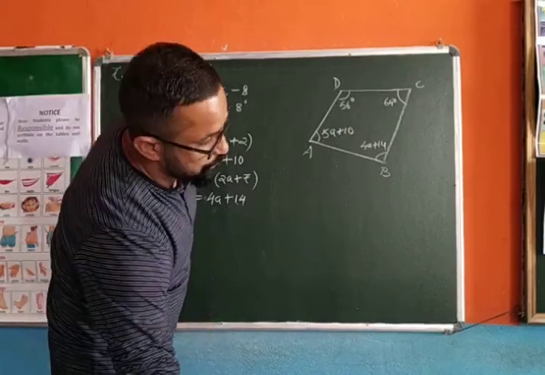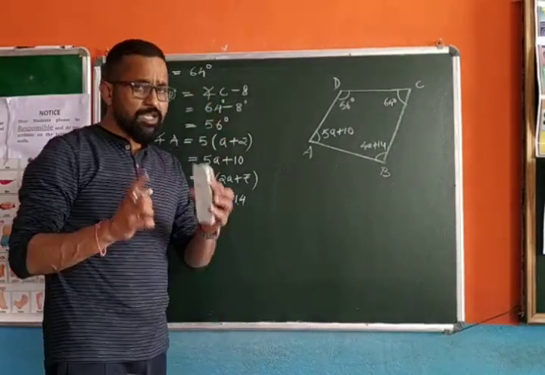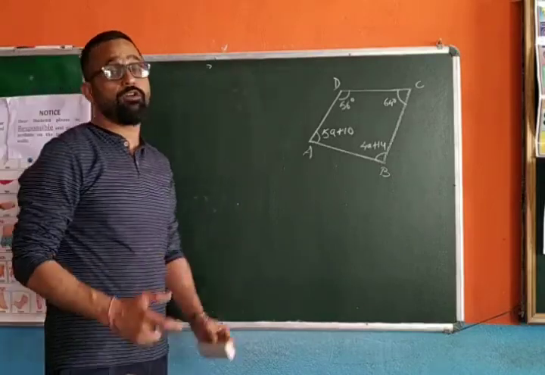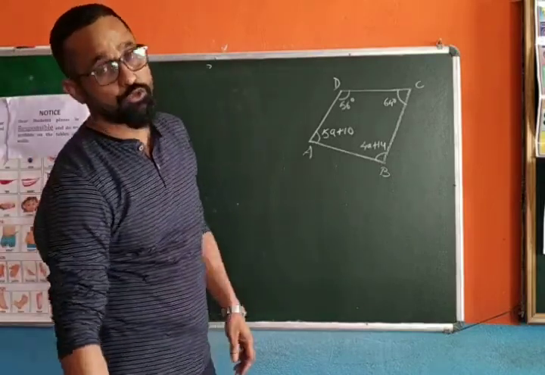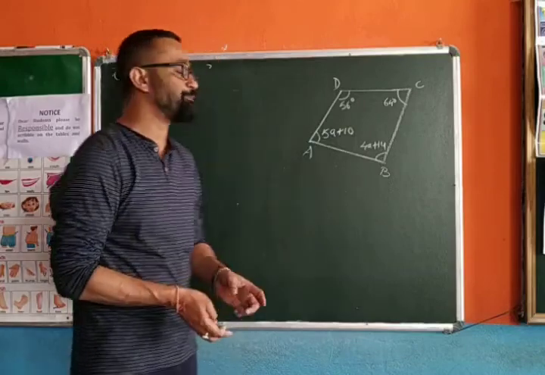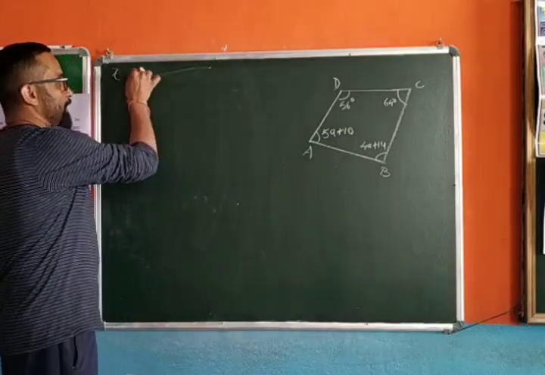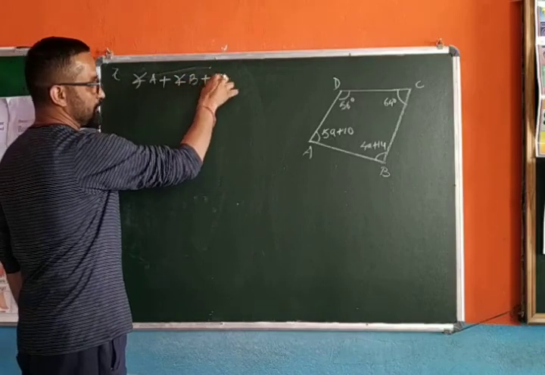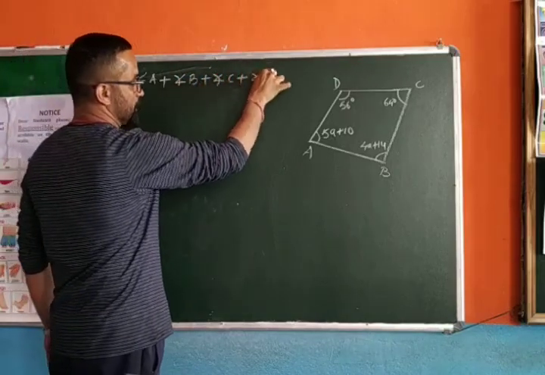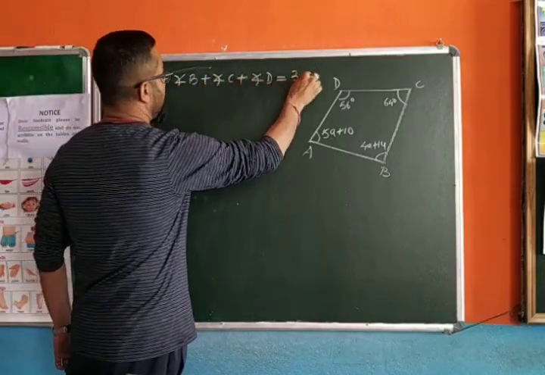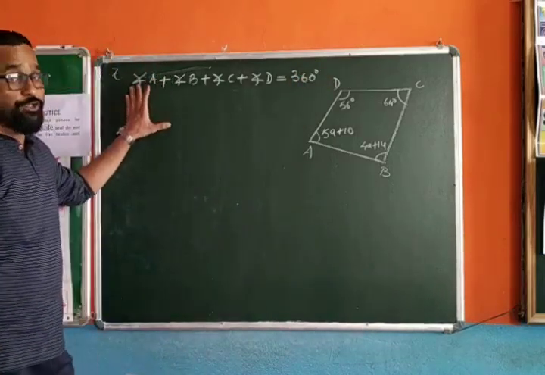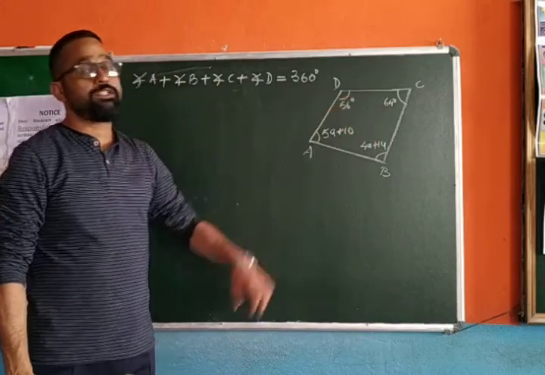So we use the property: sum of the interior angles of a quadrilateral is equal to 360 degrees. So angle A plus angle B plus angle C plus angle D is equal to 360 degrees. Substitute the values looking at the diagram.